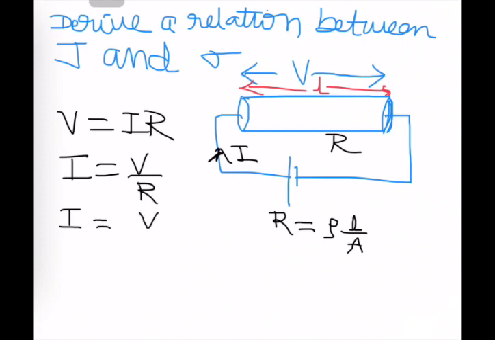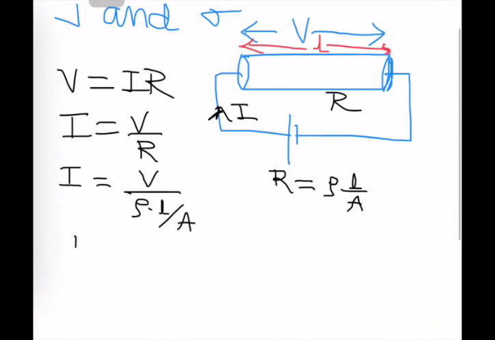So I is equal to V divided by rho L by A, and simplifying, I is equal to V A by rho L.